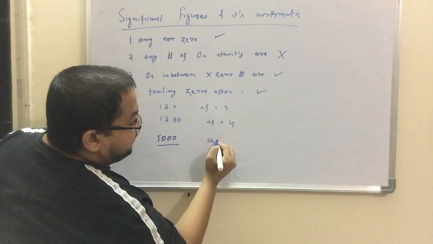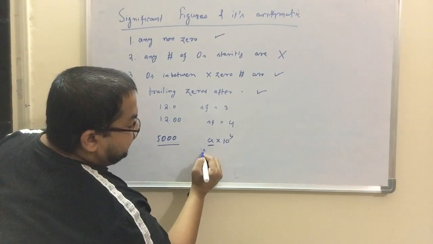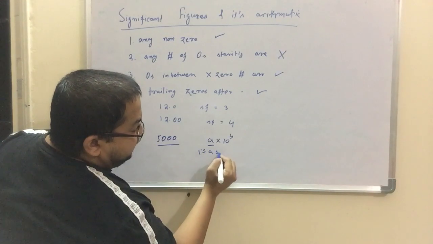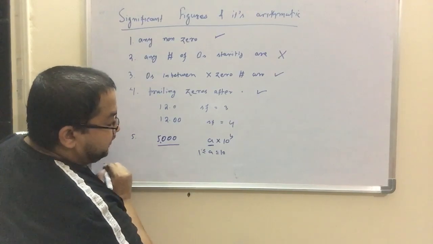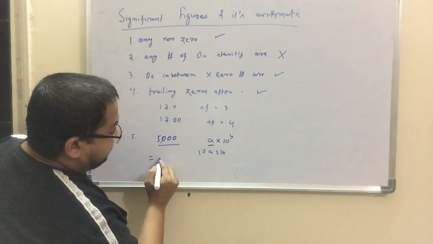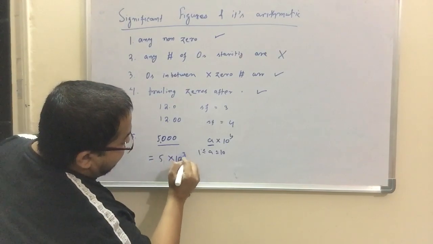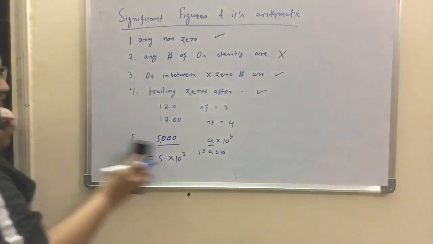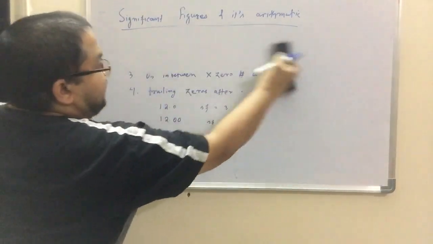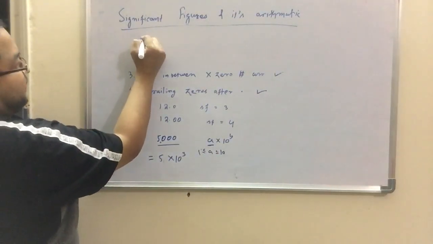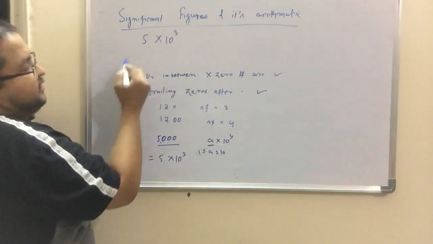So express it in terms of a into 10 to the power b, such that a is greater than or equal to 1 and less than 10, which means we need to put the decimal here. So we can say 5,000 is nothing but 5 into 10 to the power 3. If the person says it is 5 into 10 to the power 3, the answer is pretty simple.